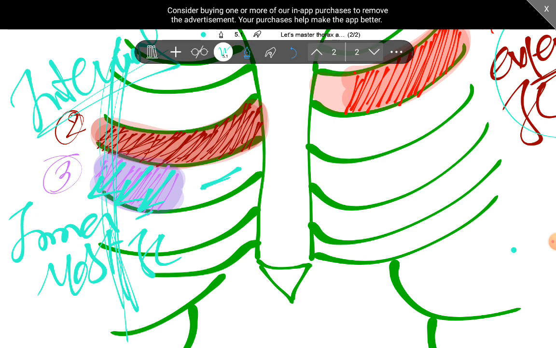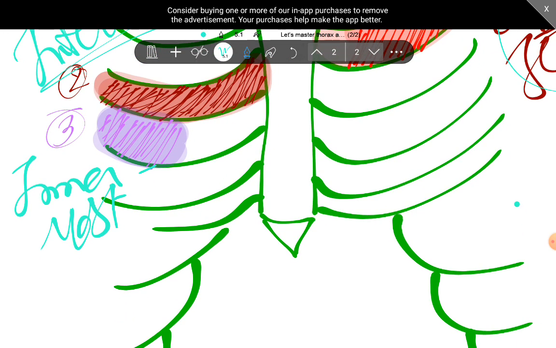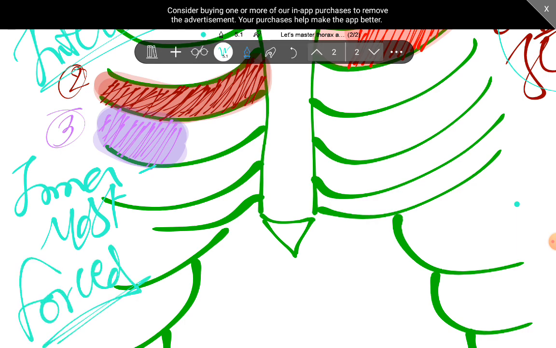Considering those two muscles, the action is depression of the thorax, and they are expiratory muscles, by the way for forced expiration. So again, the internal intercostal muscle originates from the costal groove, and the innermost intercostal from the costal groove, and both insert into the upper border of the rib below.